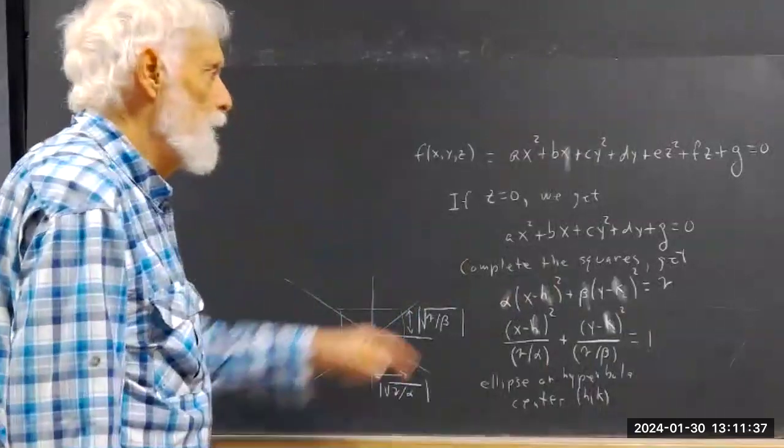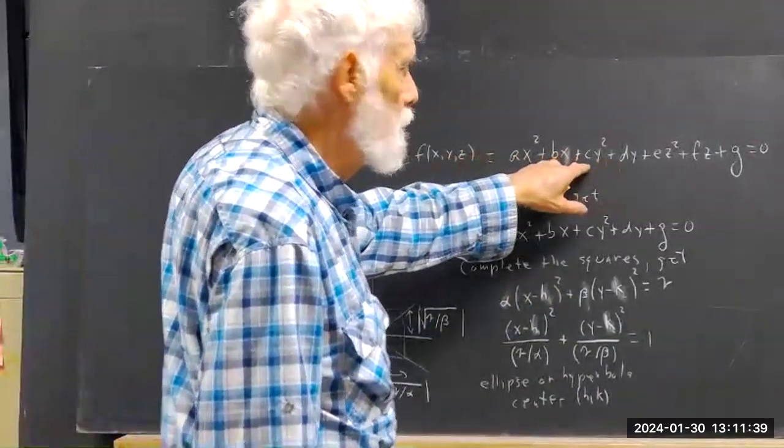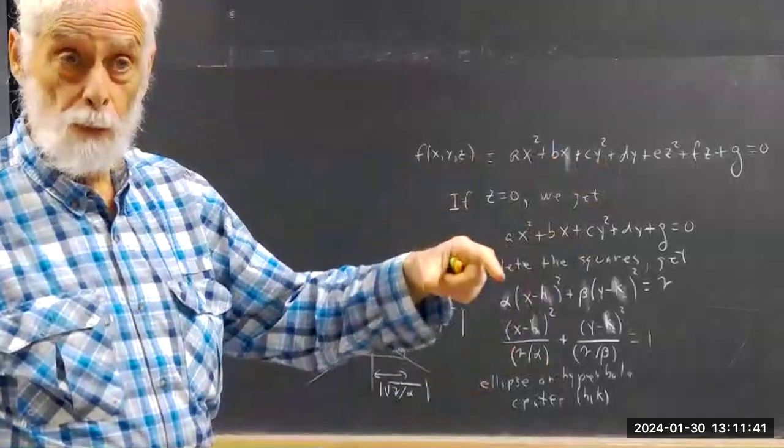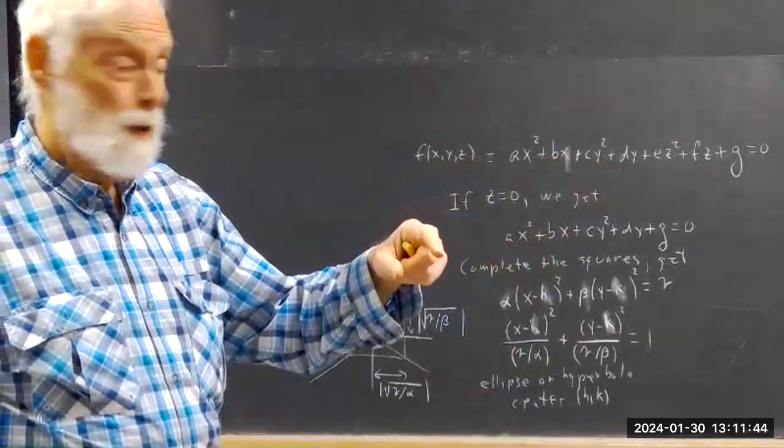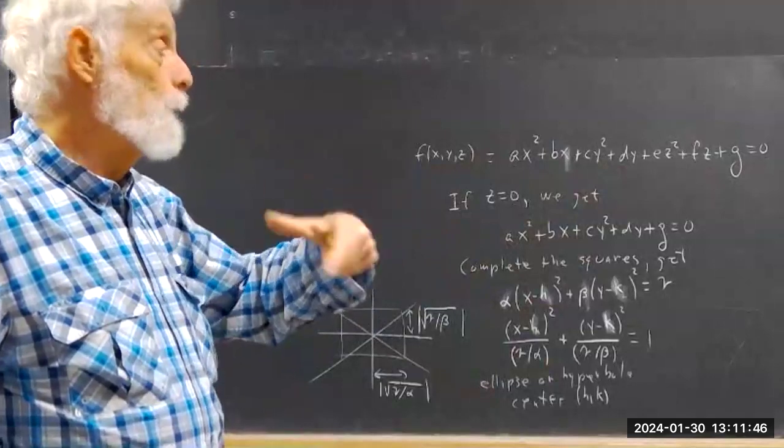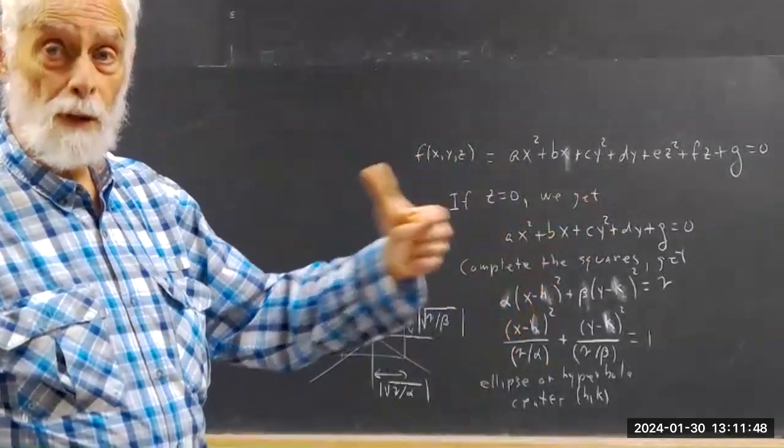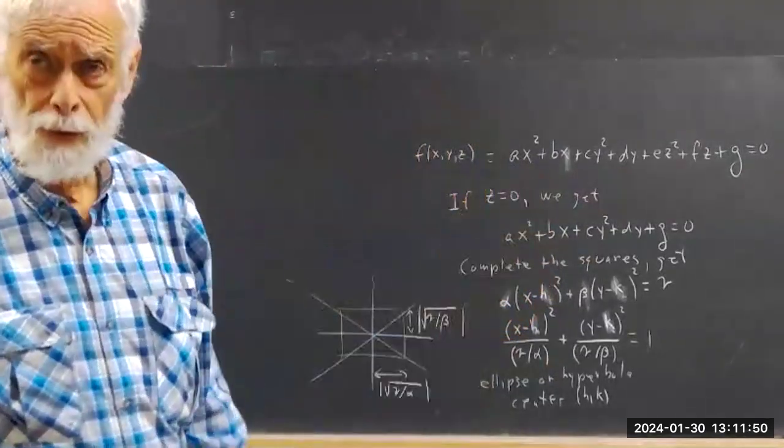Now this assumes that A and C, coefficients of x squared and y squared, are both non-zero. If one of them is zero, you end up with a parabola, which is pretty simple.